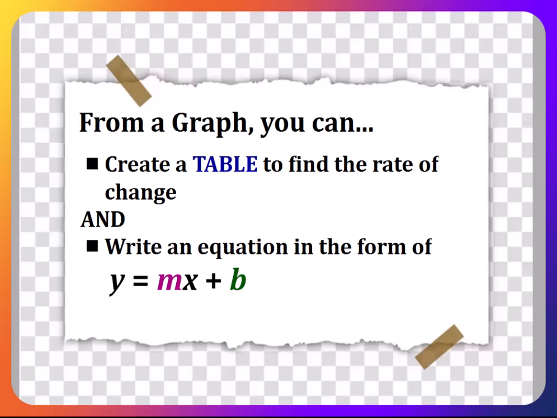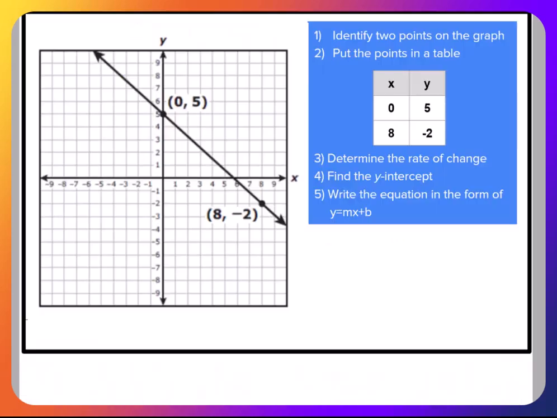From a graph, you can also create a table of values to find your rate of change, and then write your equation in the form y equals mx plus b. So let's try it. This example has kind of been done for us. First thing you want to do is look at your graph and identify 2 points. And you want to make it easy, guys. If you put a point right here, can you easily tell what that value is?